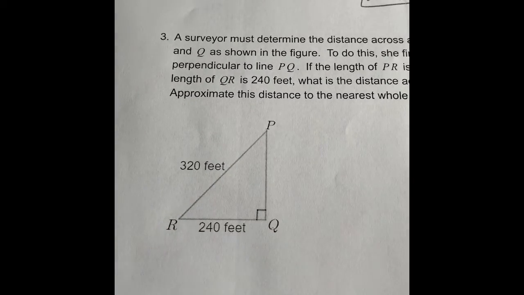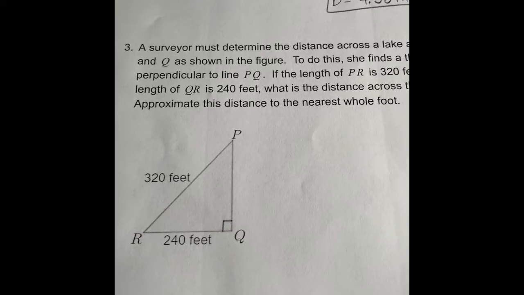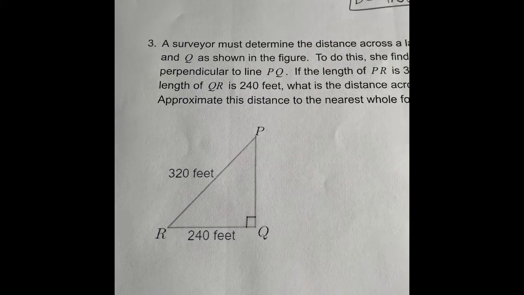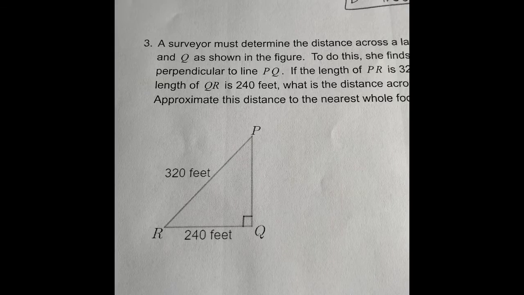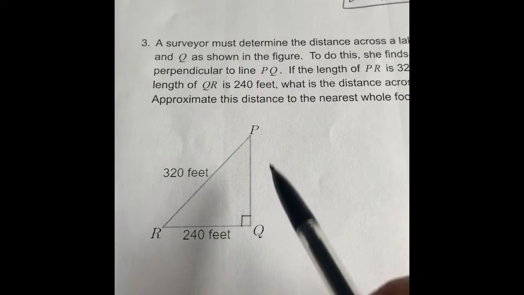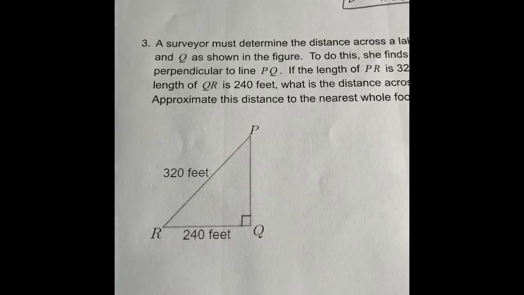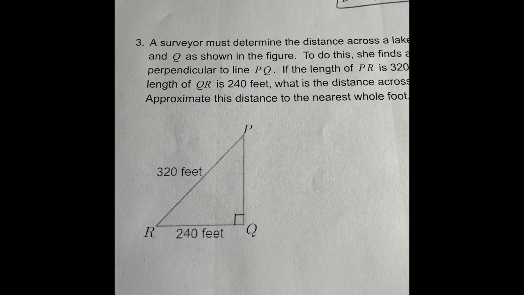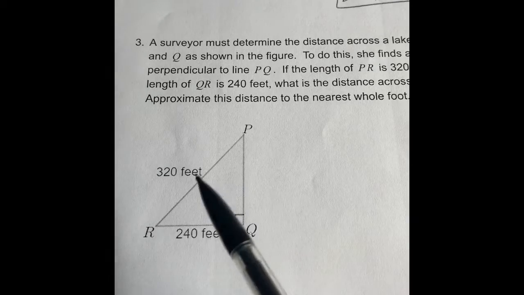A surveyor must determine the distance across a lake at points P and Q as shown in the figure. So we're looking for this distance between P and Q. To do this, she finds a third point R perpendicular to the line PQ.